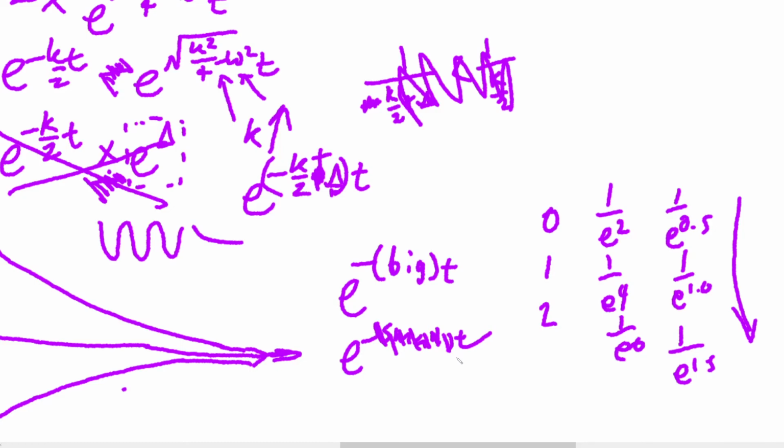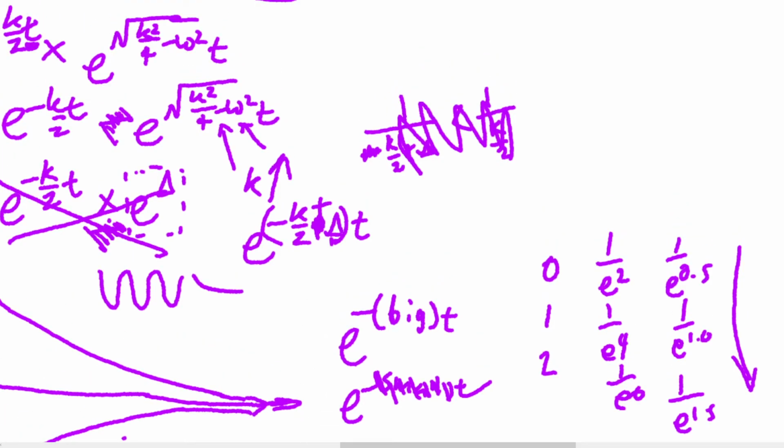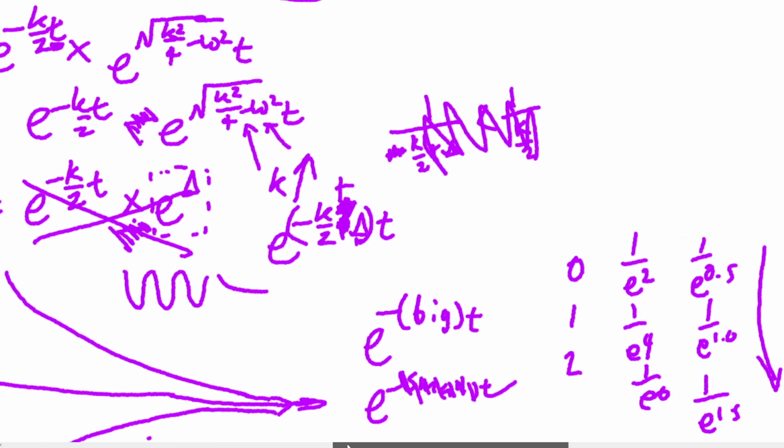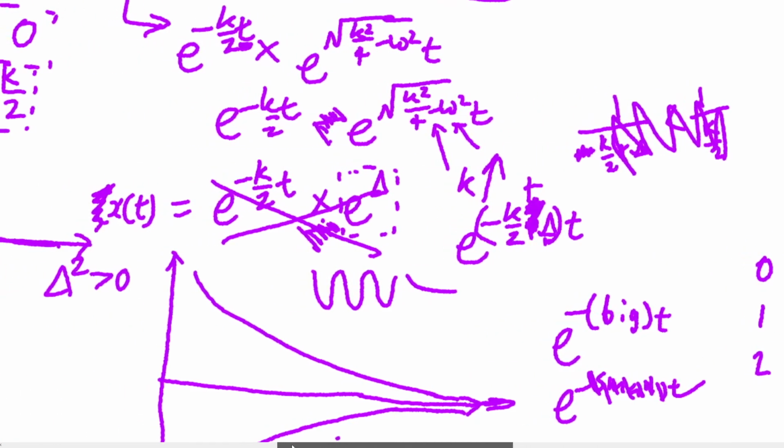So we have a minus sign here, removing the plus sign here to make the magnitude of the thing that is multiplied by time smaller.